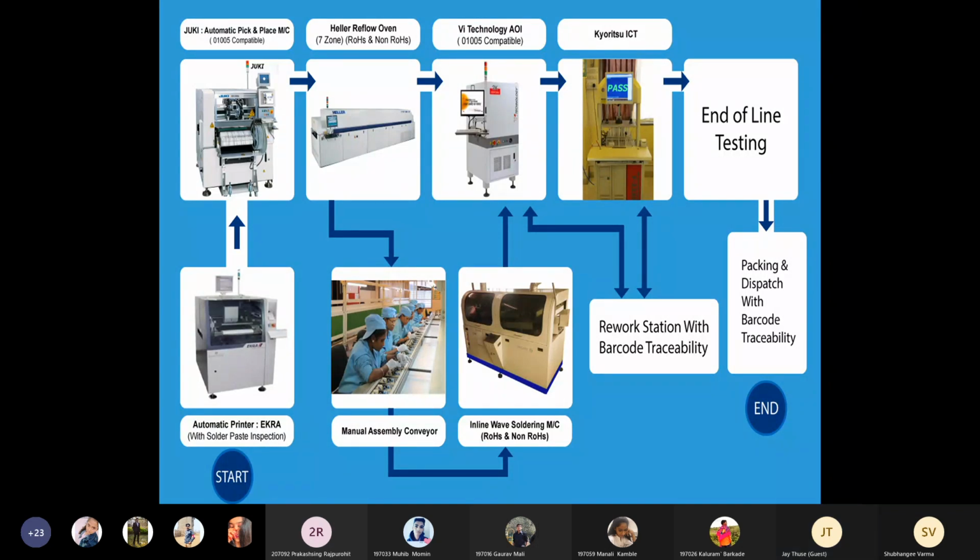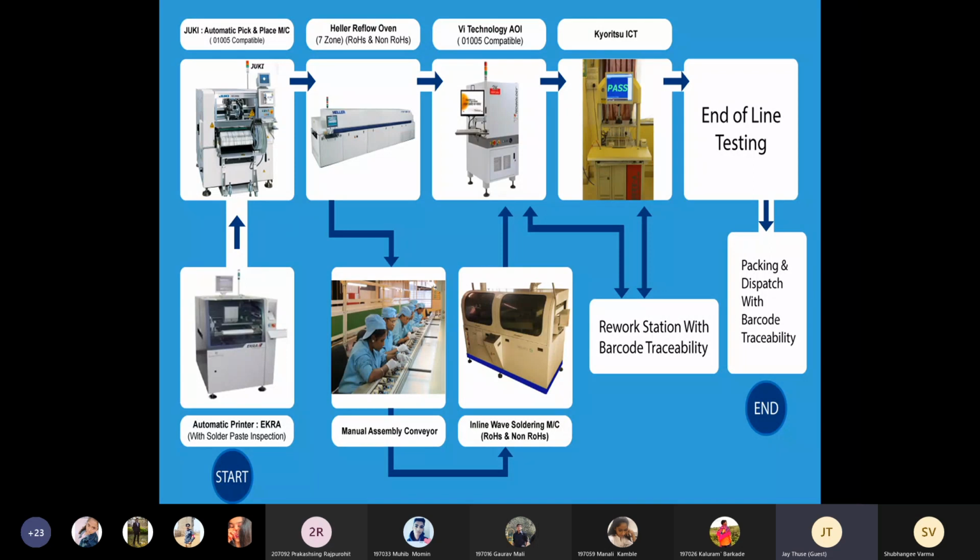So for that, we have a special setup, in which the first stage is the ICRA automatic printer, which you can see right after the start. This machine pastes solder paste on the PCB exactly where the SMD components are to be placed.